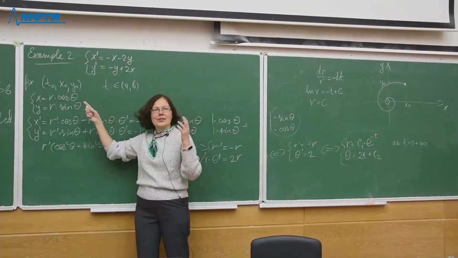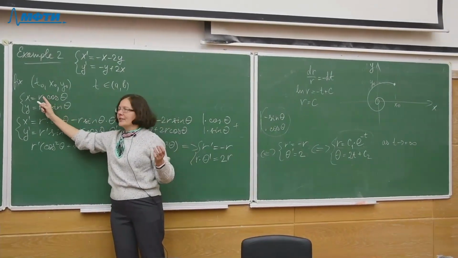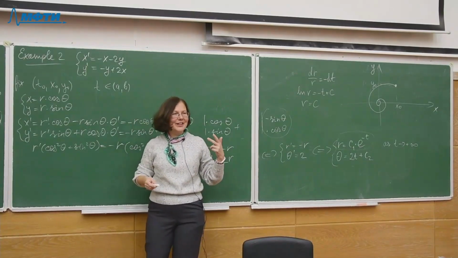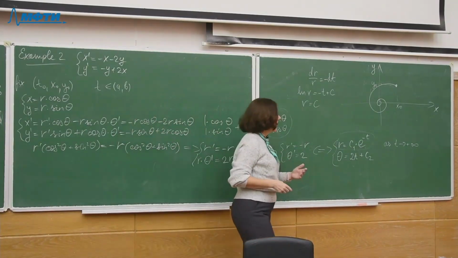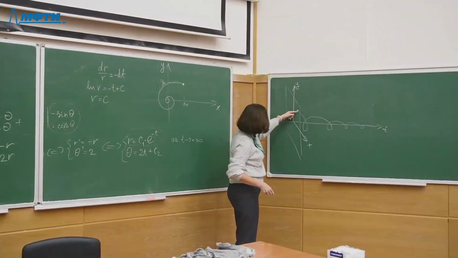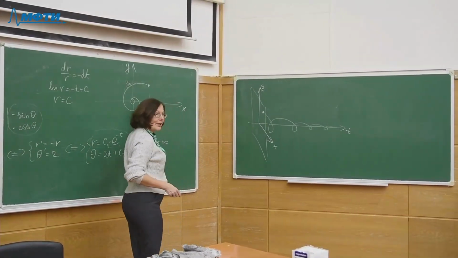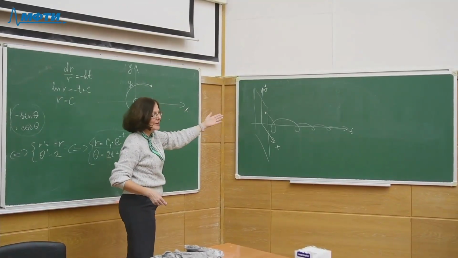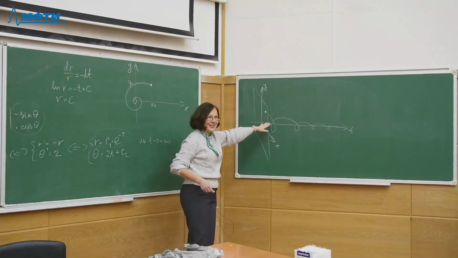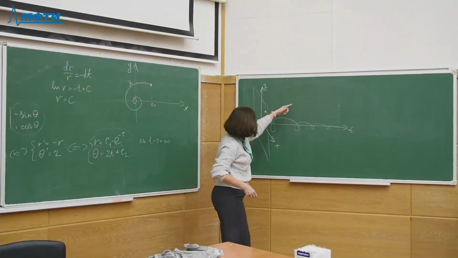We have three variables: an independent variable t and two dependent variables x and y. And so this is a 3D figure. So we start from this, and this is a projection of this spiral.